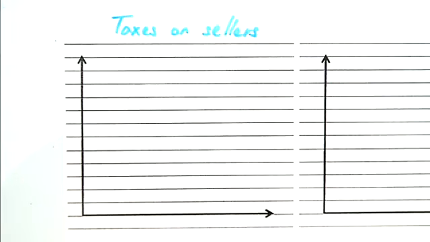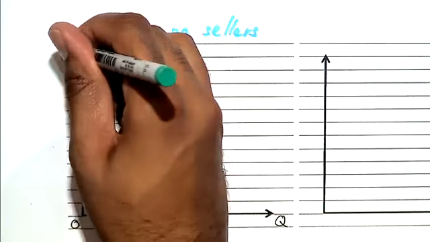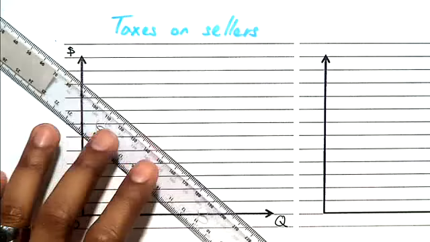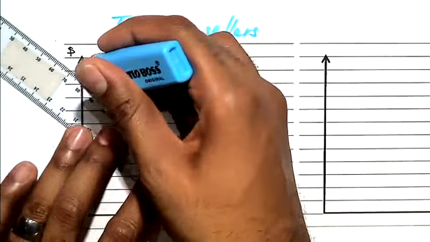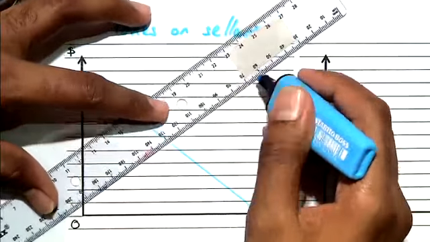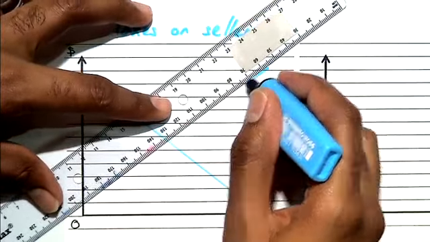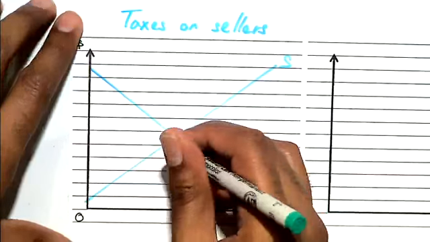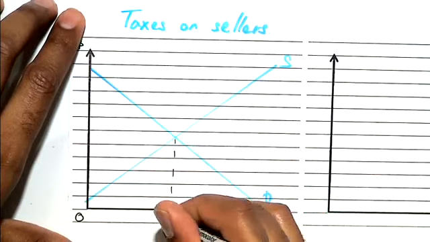The party the tax is imposed on, that's the curve that's going to shift. So, in the exam, look at the question carefully. See who the tax or the subsidy is imposed on, and that's the curve you need to shift.